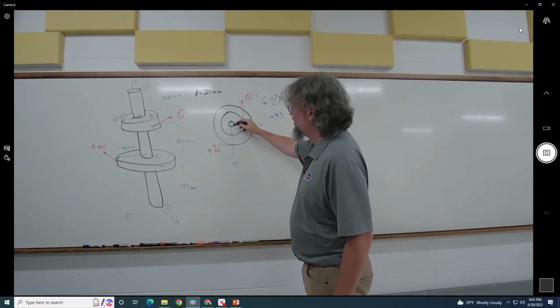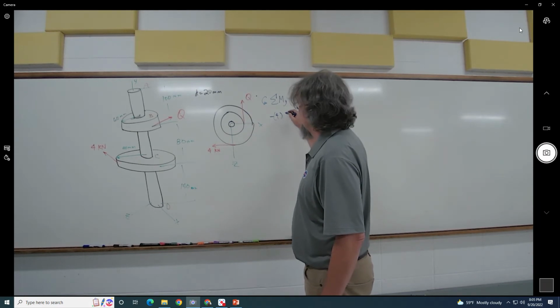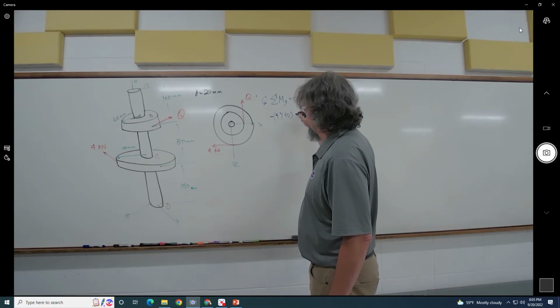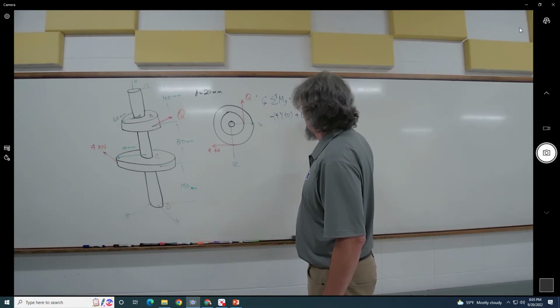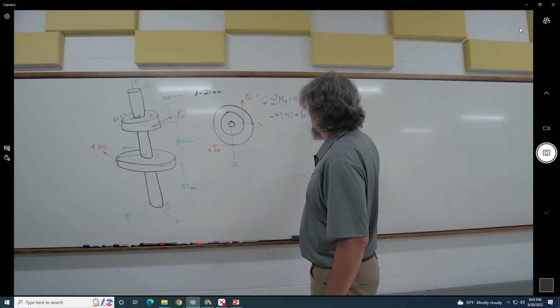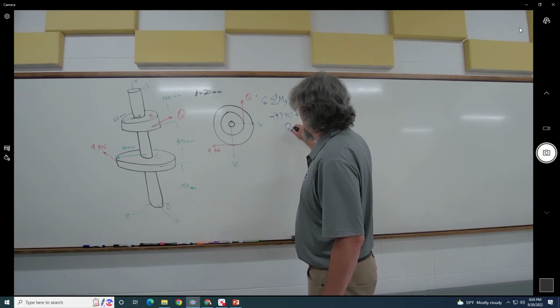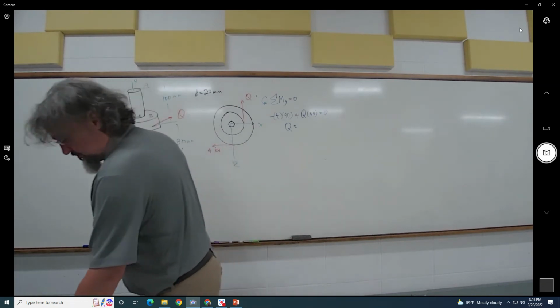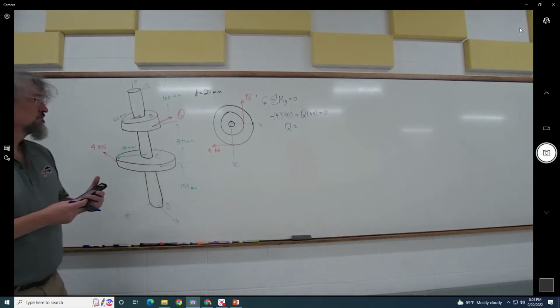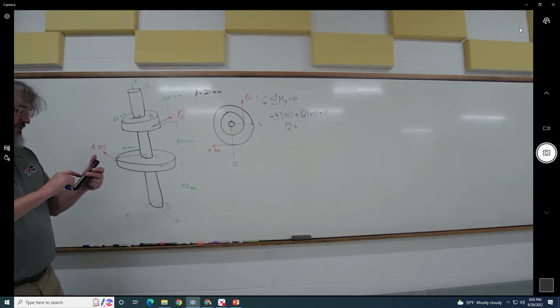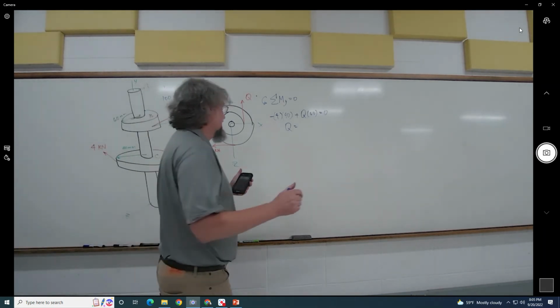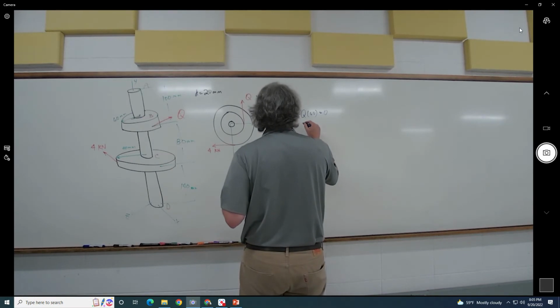We have the radius to the big one as being 90. They gave us the radius, okay. And then we're going to have Q times our 60. So Q is 4 times 90 divided by 60, and it should be 6, which makes sense, right?